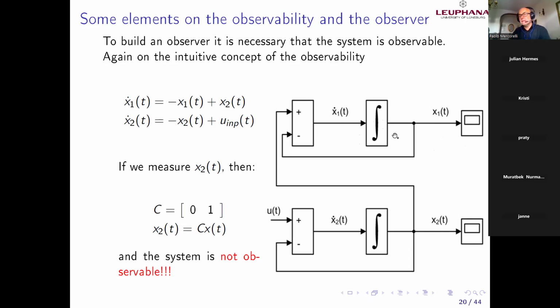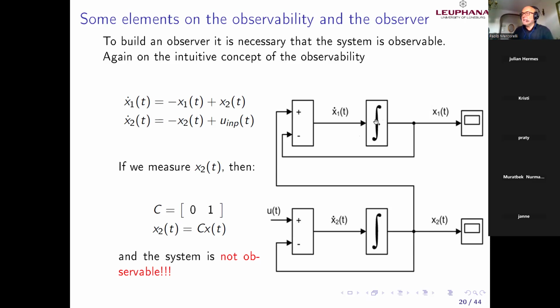Probably you remember math, no? The integral of X1 derivative, if I know the initial condition of X1, equals X1. You know that even from gymnasium. Roughly speaking, the integral of the derivative of a variable is the variable itself, but we have to know the initial condition.